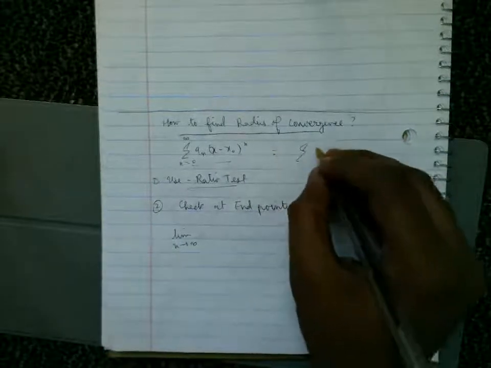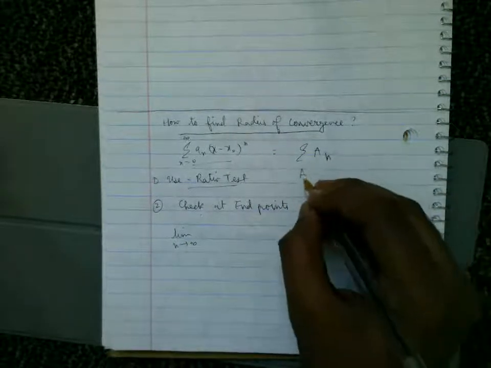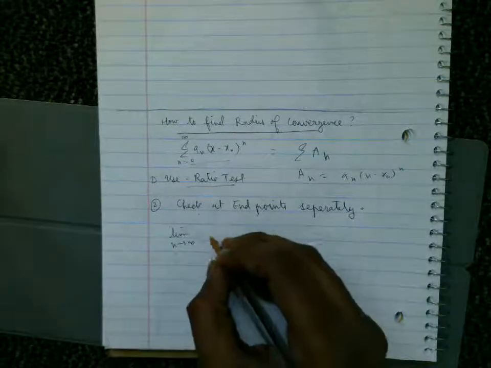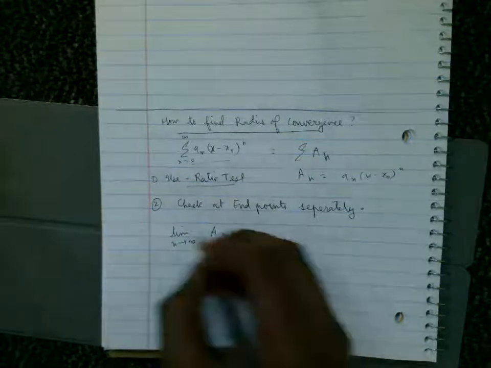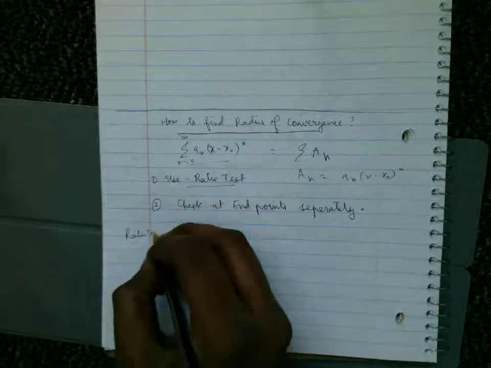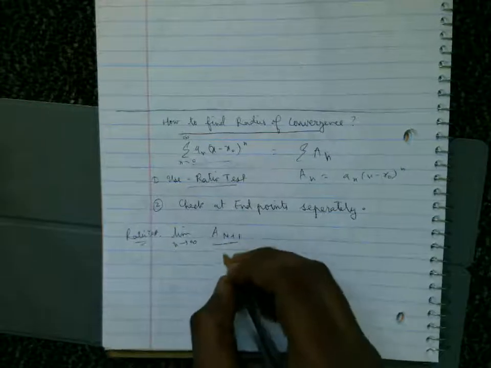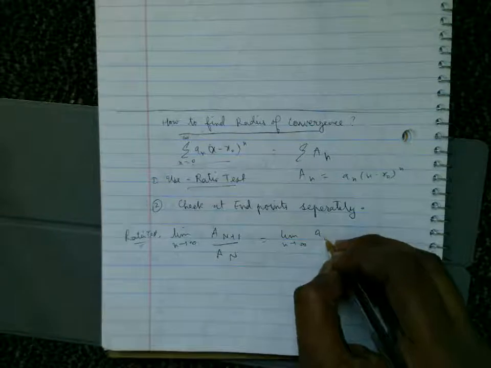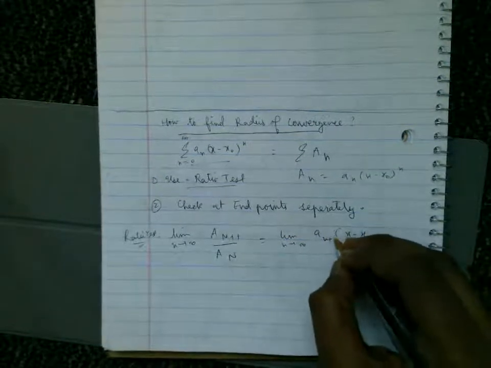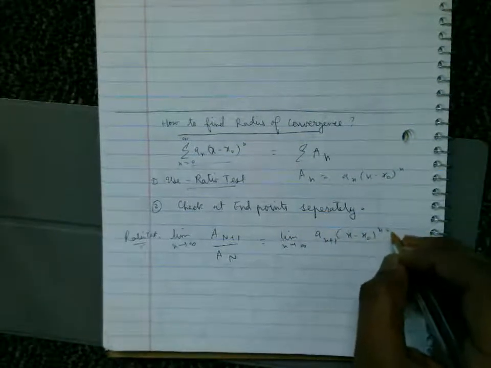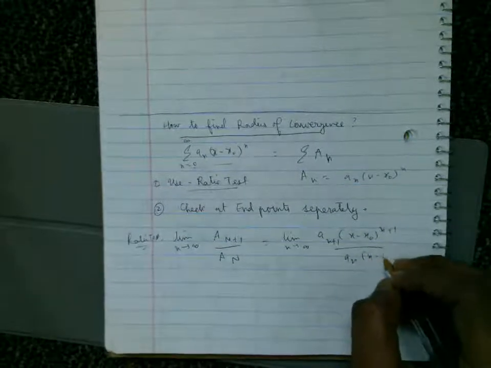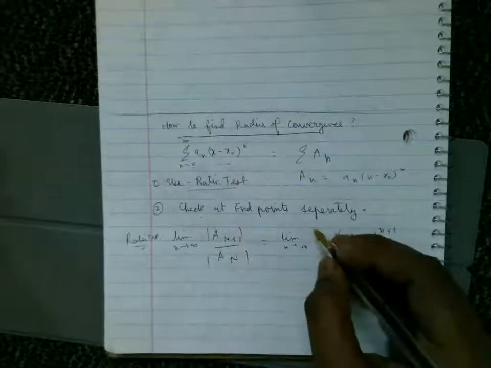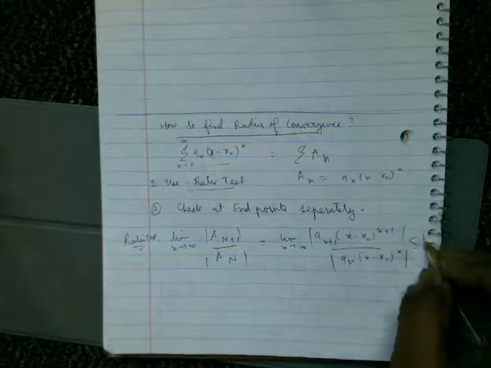This can be written as summation a n, where a n is small a n times x minus x naught whole power n. So for the ratio test, we need a n plus 1 by a n, which is nothing but small a n plus 1 by small a n times x minus x naught, and then we take the mod, and we want this to be less than 1.